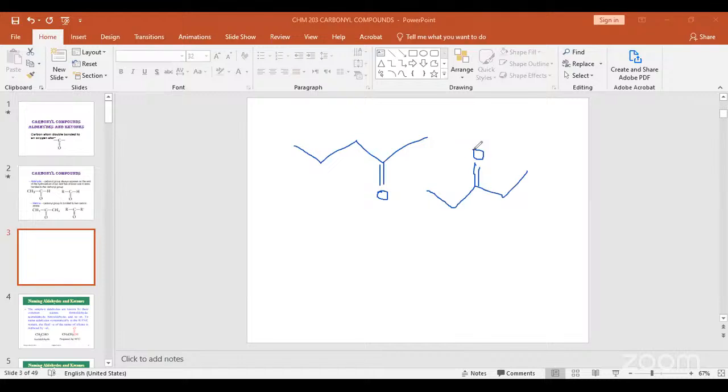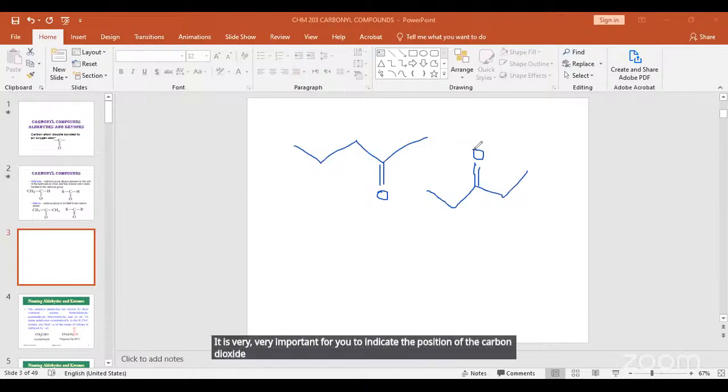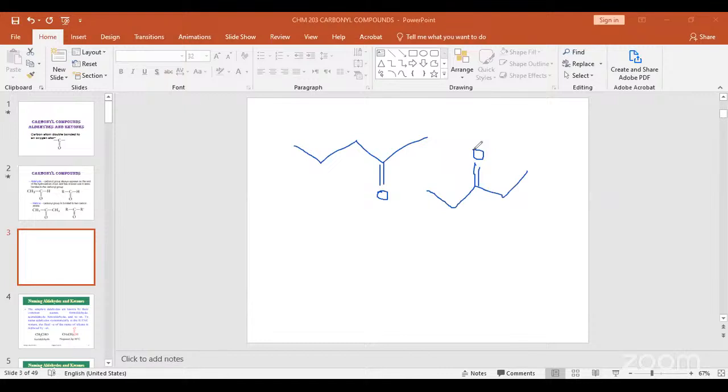And I did mention in the last class that when we are having a ketone, it is very, very important for you to indicate the position of the carbonyl carbon. Because once you don't, then it can be any of them. You said pentanone. The first one I label A is pentan-2-one. The second one I label B is pentan-3-one.